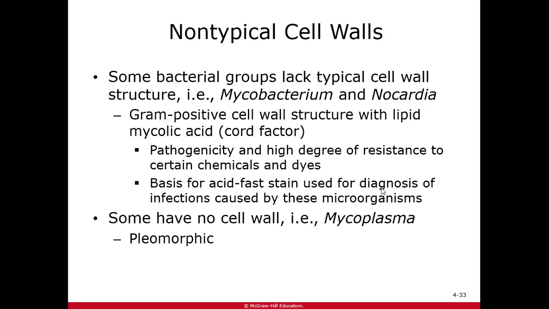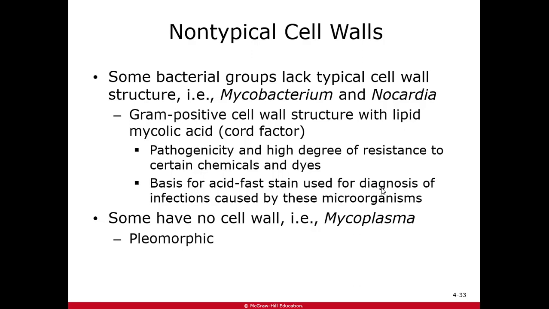And when we gram stain bacteria, if we suspect a Mycobacterium or a Nocardia and we tried to gram stain it, it wouldn't gram stain accurately. That's because the stains we use, crystal violet and safranin, are water-based stains. And if a bacteria has this mycolic acid lipid in it, it's not going to stain correctly.